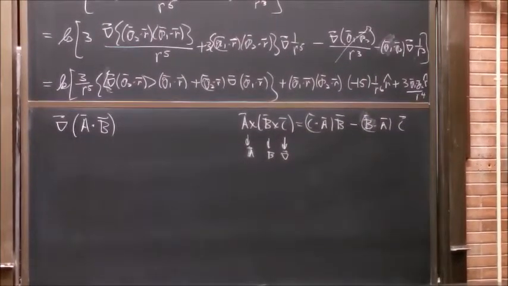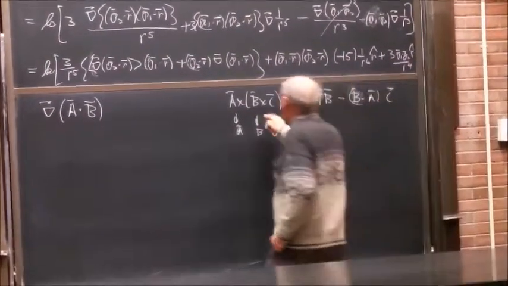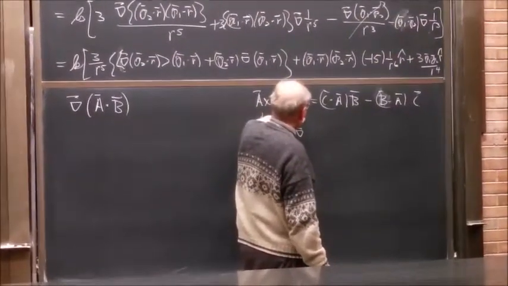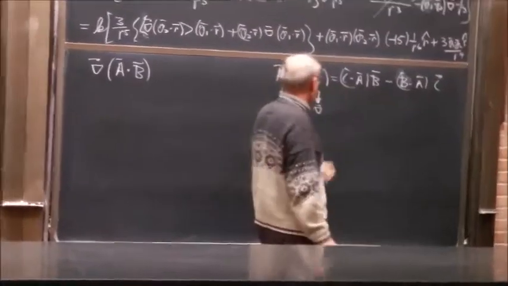So first, let's apply it to B. Well, our second rule is that we are to put the derivative on the left of what it's operating on.